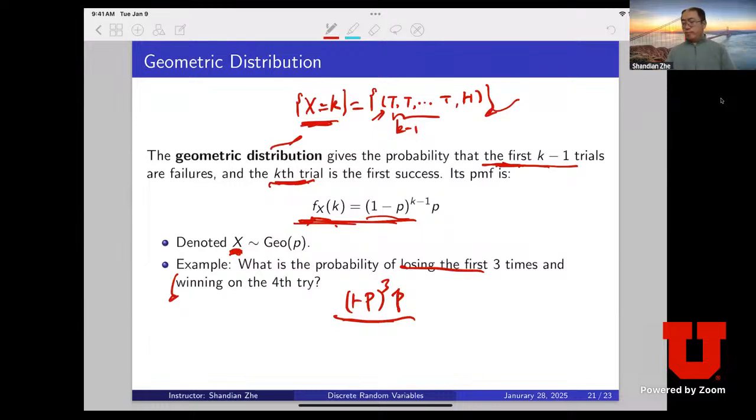We know the probability will always be 1 minus p to the k minus 1 times p, because the first k minus 1 trials are failures. So then we have the probability mass function for the geometric distribution in this form.